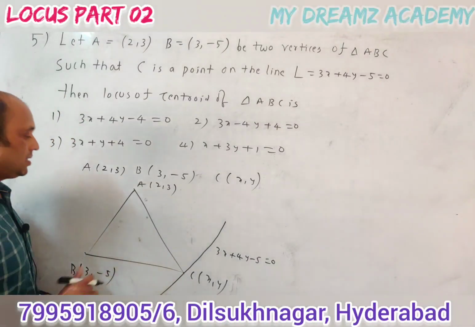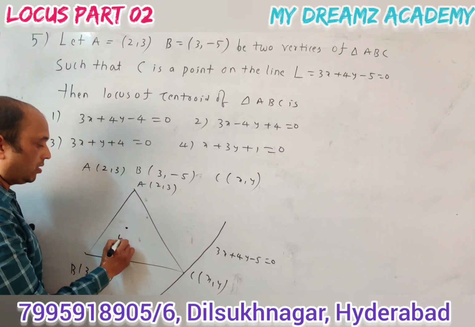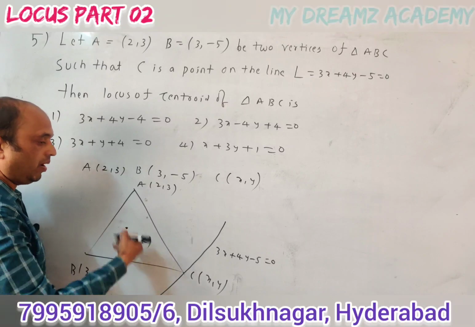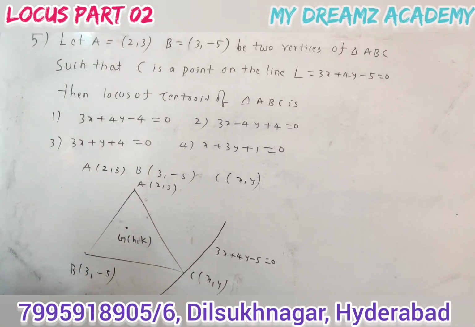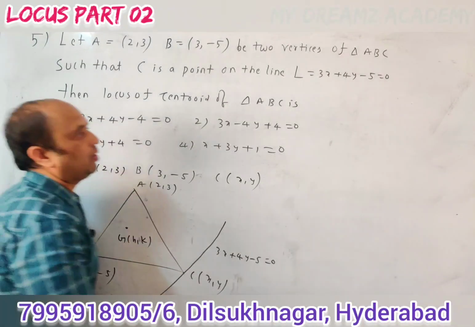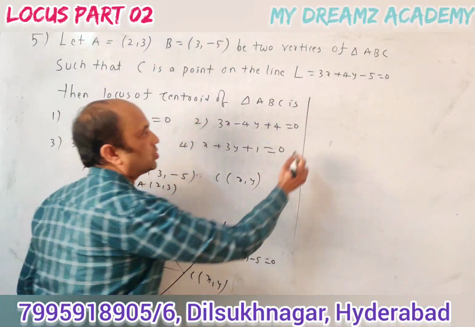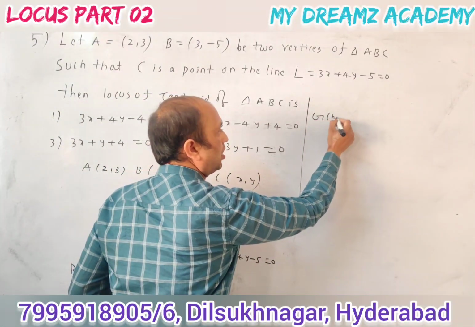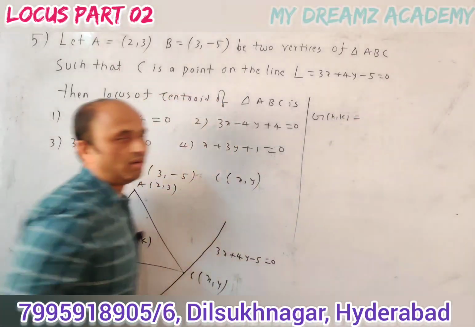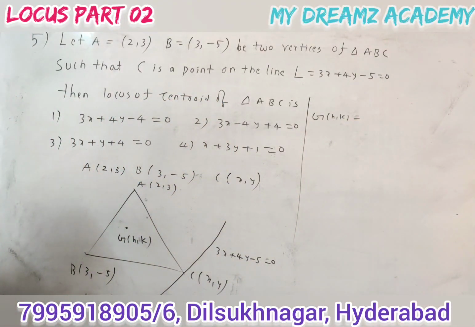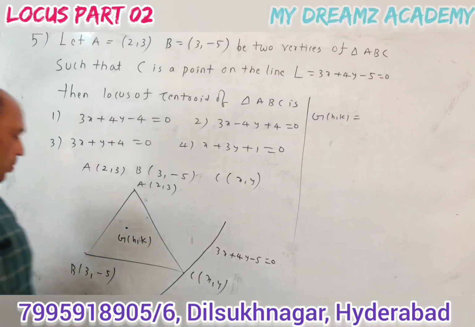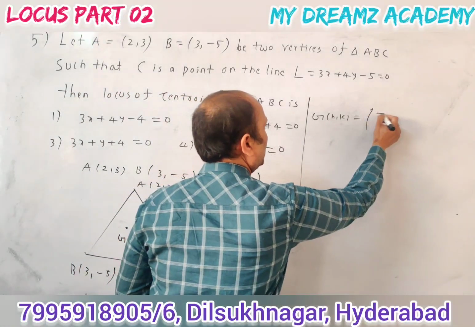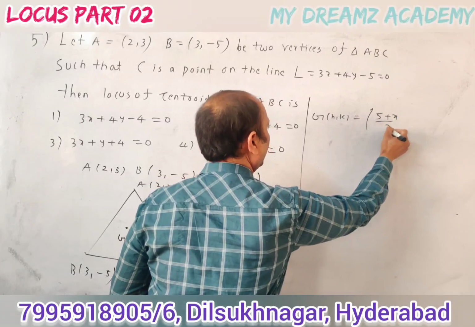Now we want to find the centroid. Assume that the centroid is h comma k. Now we know the centroid formula: G of h comma k is equal to x1 plus x2 plus x3 by 3, that is 5 plus x by 3.